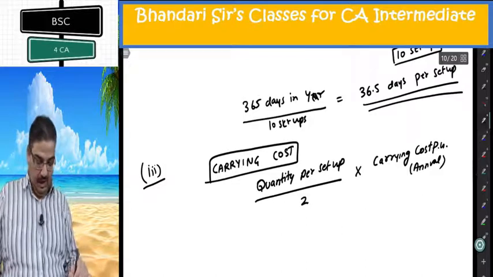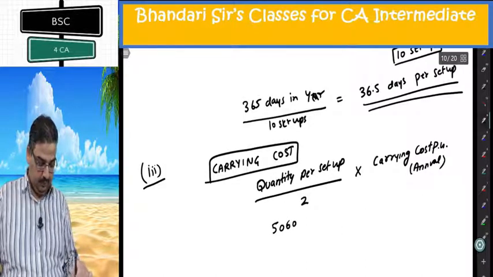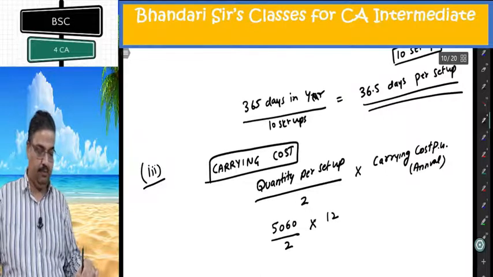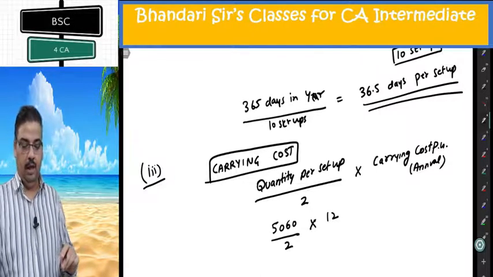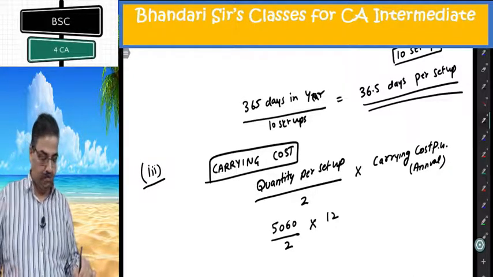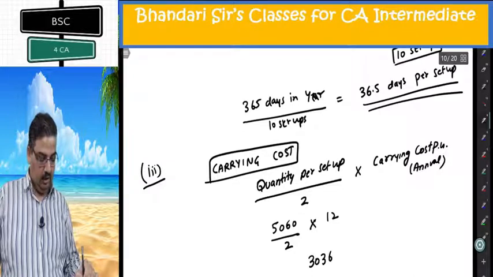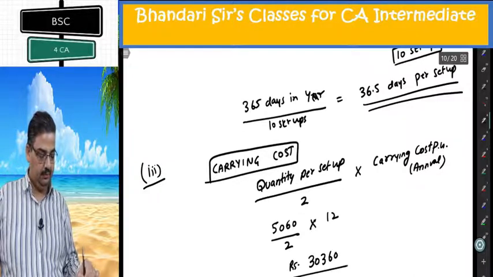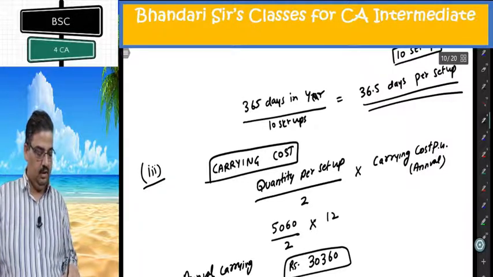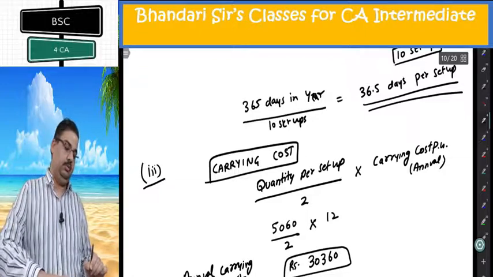This is 5060 divided by 2 multiplied by 12. 5060 multiplied by 6 effectively. 30,360. This is annual. This is inventory related cost.